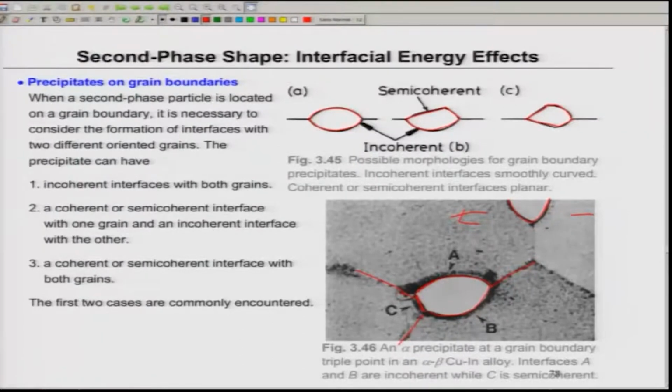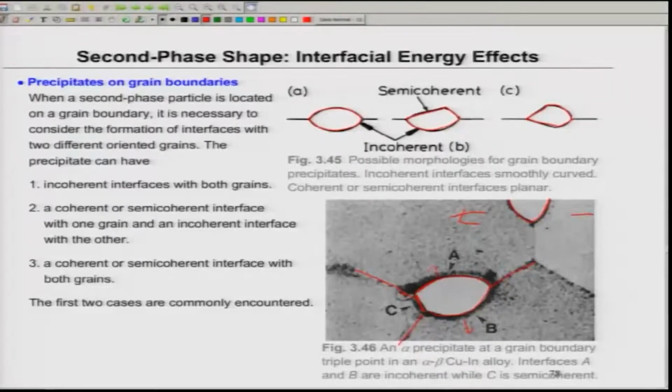So, the precipitate will not grow along that, because if it grows and becomes bigger, it is highly likely that this interface will lose the nature of coherency or semi-coherency. That is why precipitates always grow along the incoherent interfaces, where the energy is already very high. So, there is no loss of energy as far as the growth of the precipitate is concerned. This is normally seen in the aluminum copper precipitates.